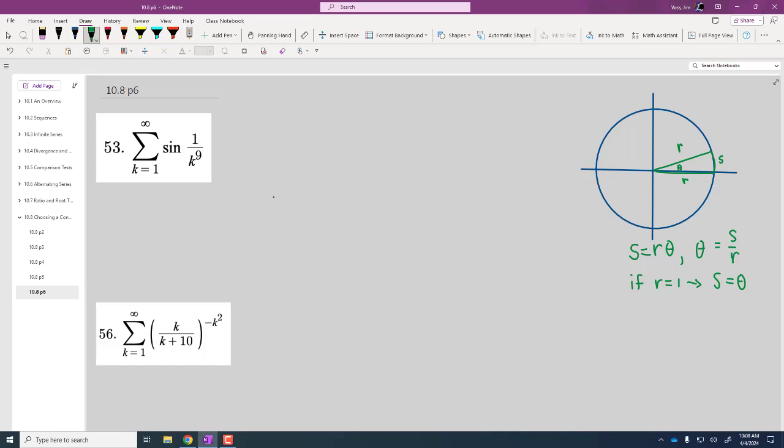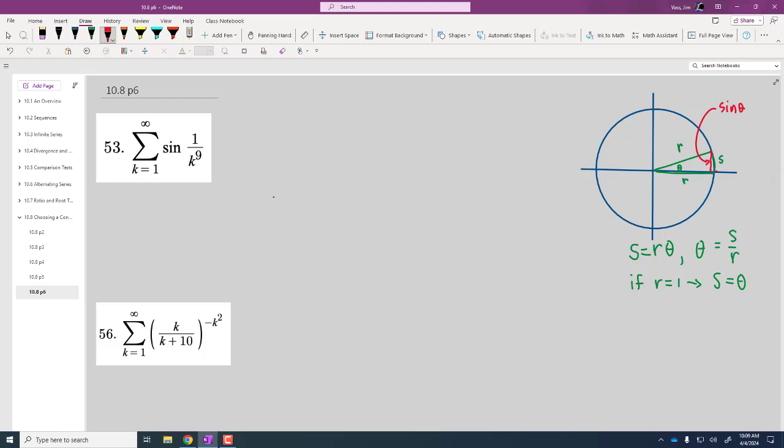Furthermore, when theta is small, if we drew a picture of what sine of theta is, it's this distance right here, that vertical distance. Everyone agree that that's sine of theta? All right, sine of theta is right here.